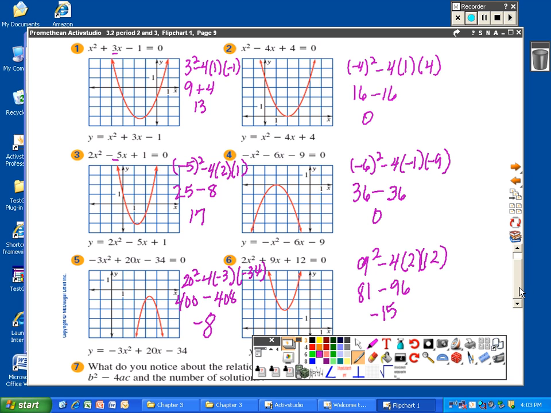Now let's take a look at those. Notice when b squared minus 4ac is 0, there is only 1 point. It is a double root that the graph is touching. When b squared minus 4ac is a positive number, notice that the graph touches in 2 spots.